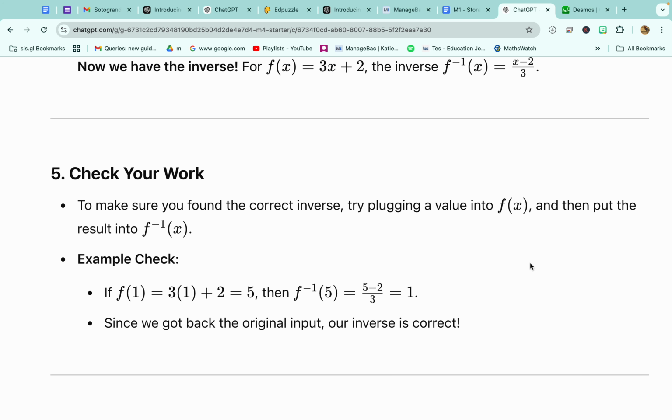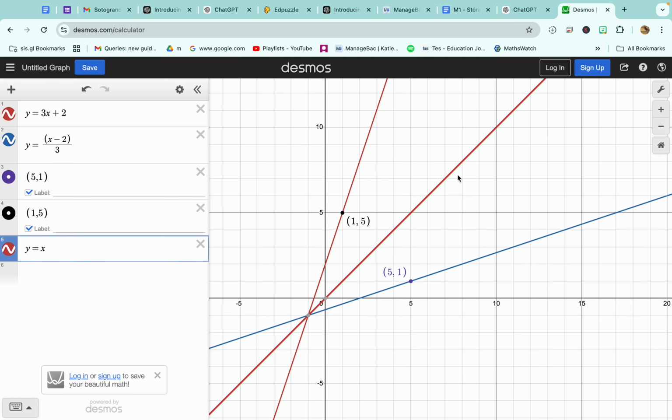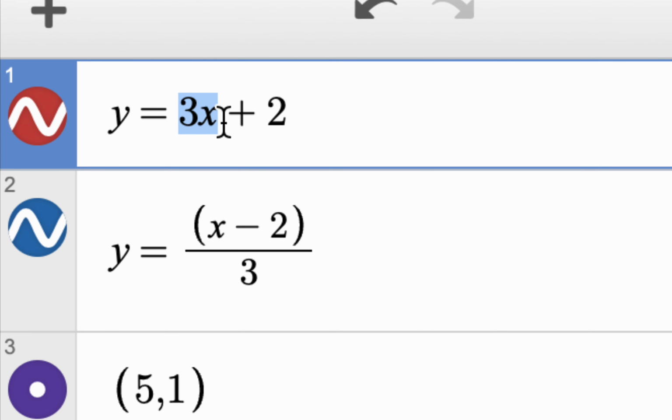So in order to check our work is correct, we can see this is true by using the 1, 5 example, because if you substitute 1 into the original function, you get 5 out as the y. Let's see that here. When you substitute 1 here, 3 times 1 plus 2 is going to be 5.